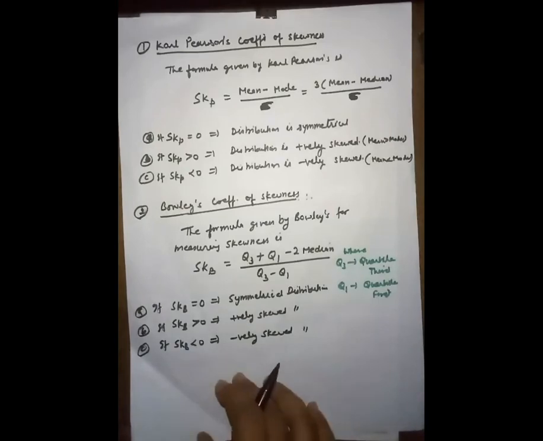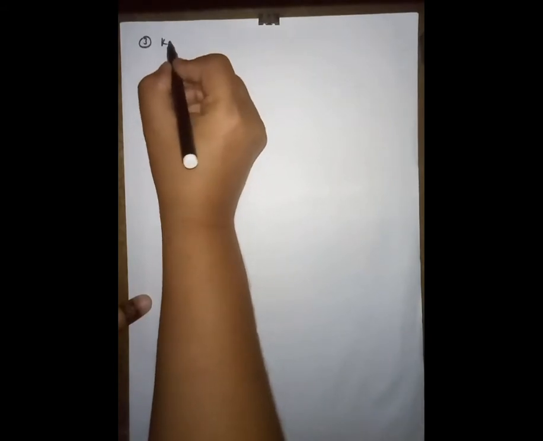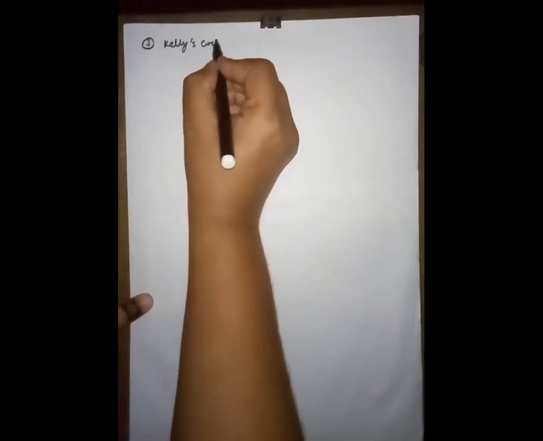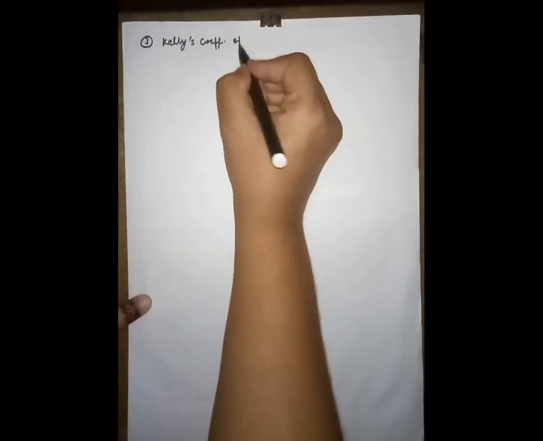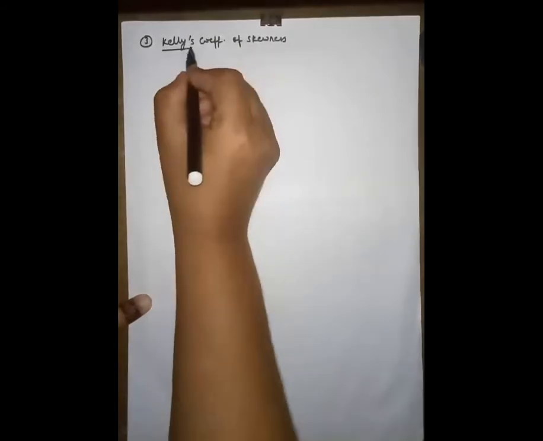Now move on. Next, Kelly's coefficient of skewness. Third one is Kelly's coefficient of skewness.